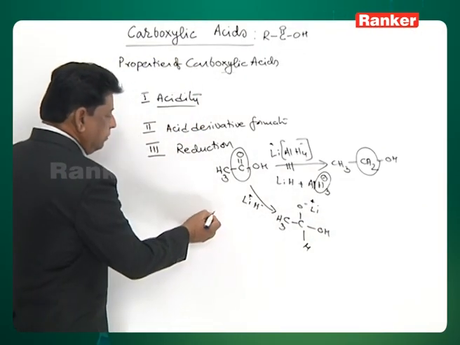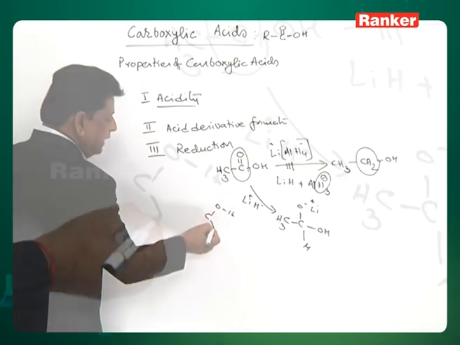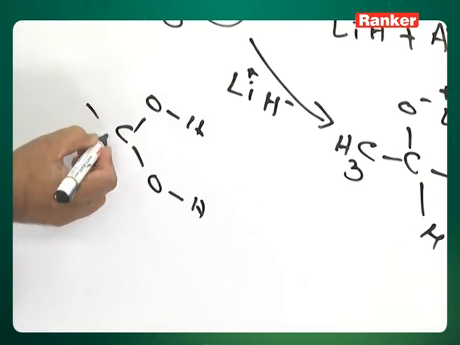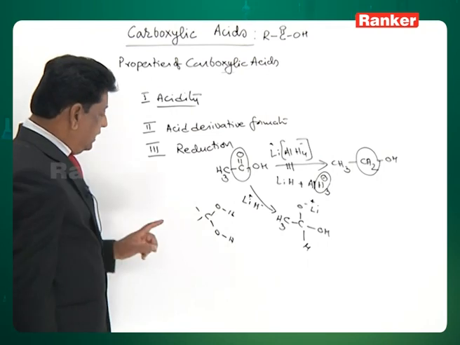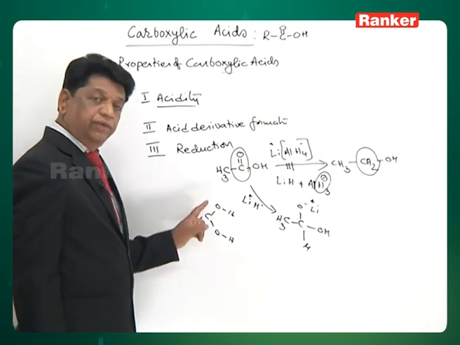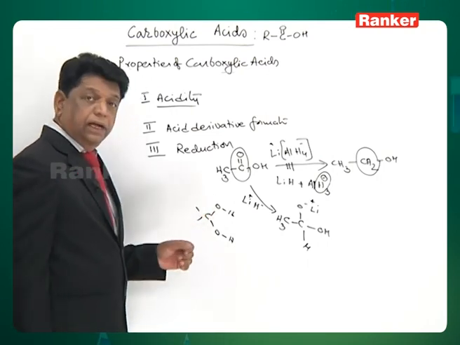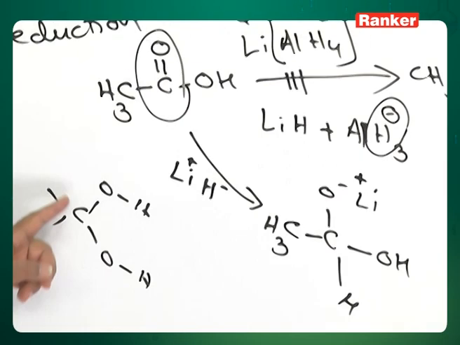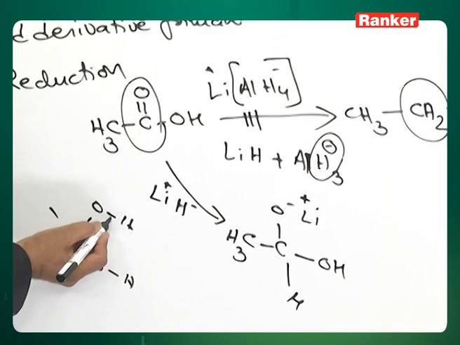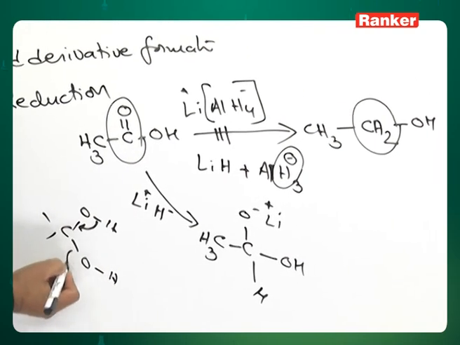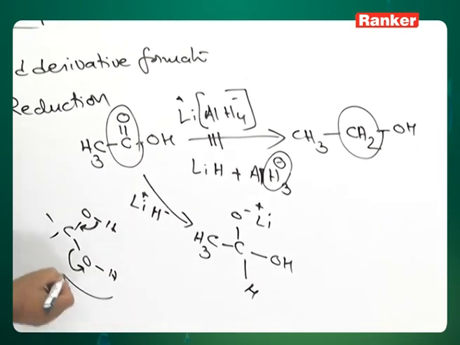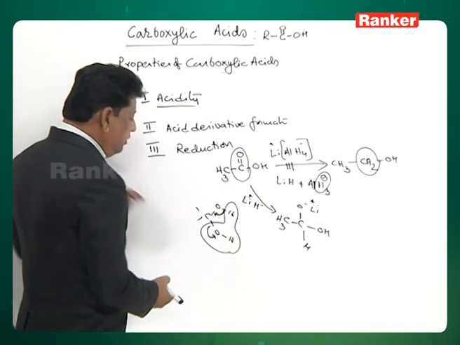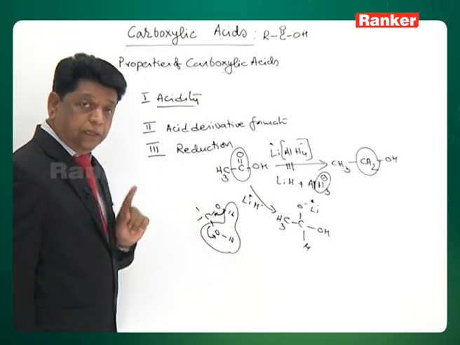A carbon with 2 OHs is unstable, that is the general principle in organic chemistry. Whenever a carbon has 2 OHs, unlike phosphorus and boron and silicon, so many compounds of which exist with 2 OHs on the same element, in the carbon the electrons will come like this and the OH and the H will eliminate as water and it will become a carbonyl group. That is what we have also seen in the carbonyl chapter.